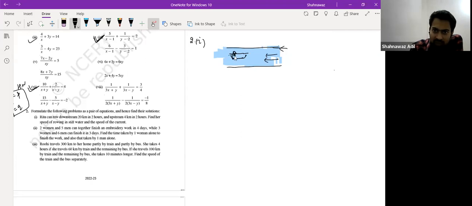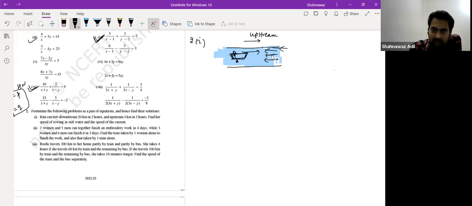So this person is rowing like this, and the river is flowing like this, and the person is moving like this, right? So his or her speed will be slower or faster? Slower, yes, because it is going against the current, right? So this speed is called the upstream.